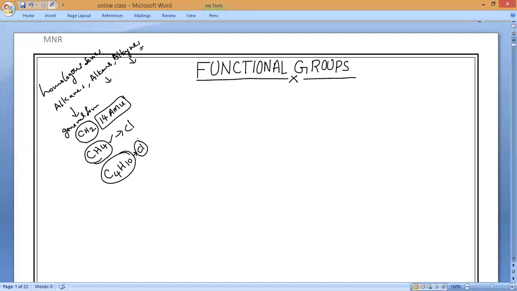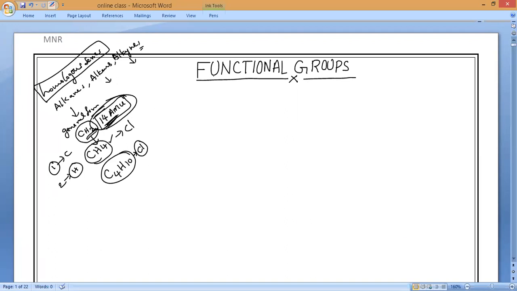So they show the same chemical properties. That is what we call a homologous series. The general formula is the same. Successive organic compounds vary by CH2, meaning one carbon atom and 2 hydrogen atoms, or 14 atomic mass units. That is what we studied in the last class.